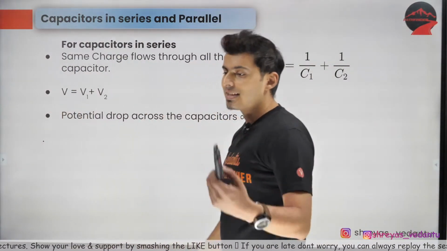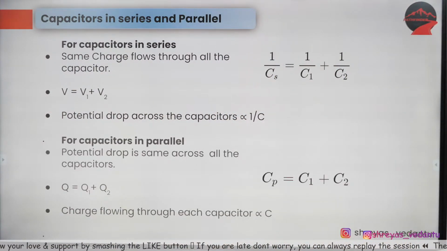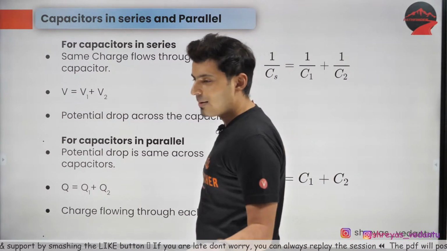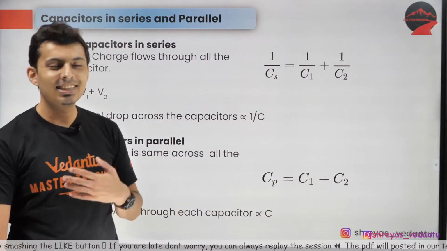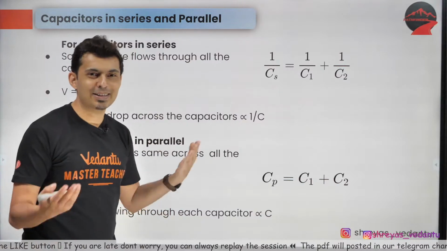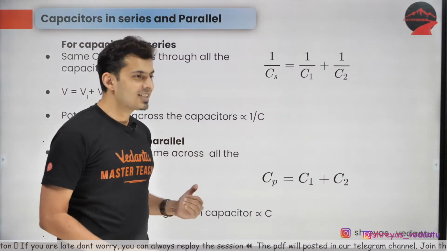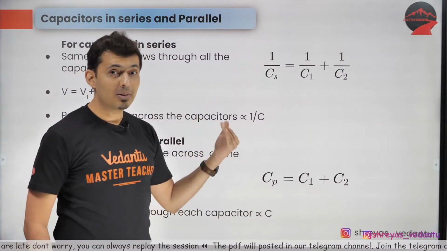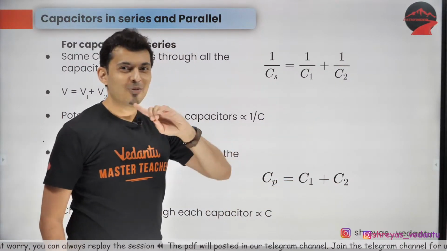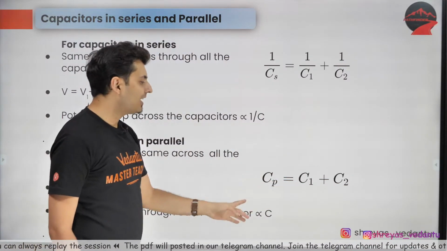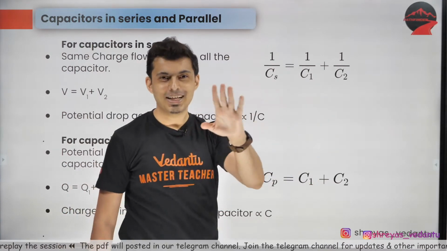Interesting, and that is correct. Now in parallel, obviously what will happen? Exactly the opposite formula for what you would expect in resistors. So in resistors, 1 by Rp was 1 by R1 plus 1 by R2. Here, when capacitors are in parallel, it's a simple thing, C1 plus C2, that's it.